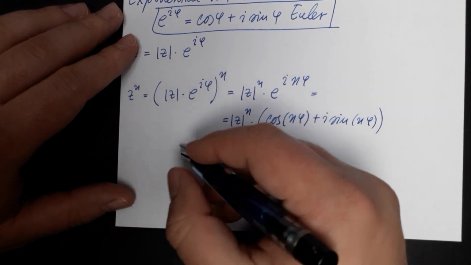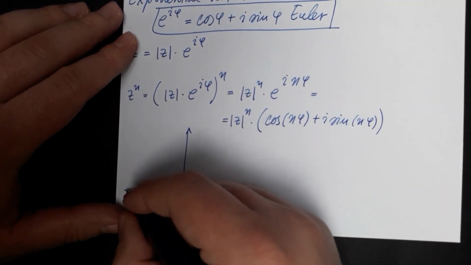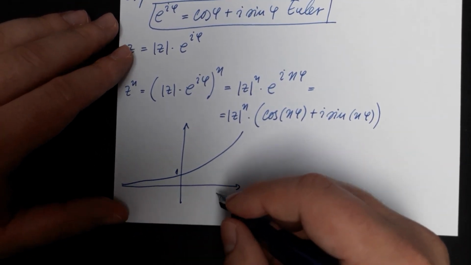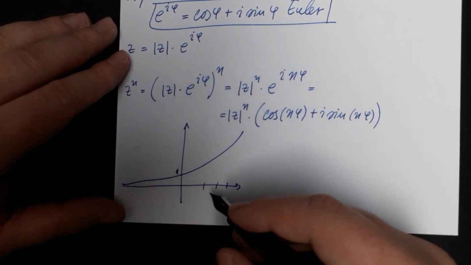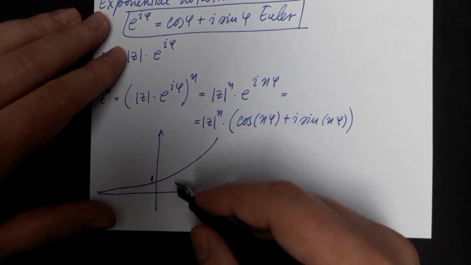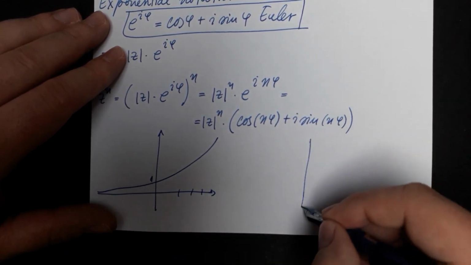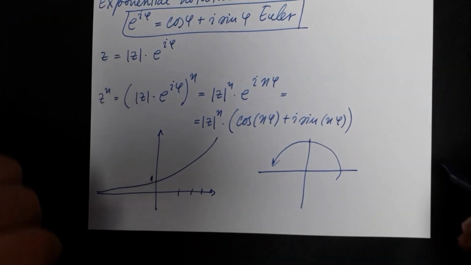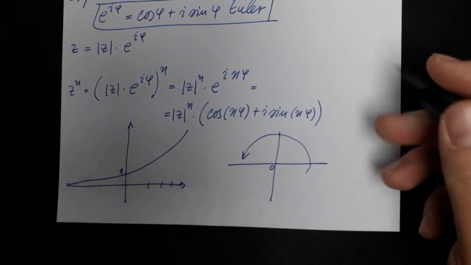Now what we can note here is that in real analysis we had a power function which had a graph like this. Basically, the further you go with your argument on the x-axis, the bigger number you get. But in complex analysis, while this also applies, you also get a rotation around the origin when you are working with power functions.